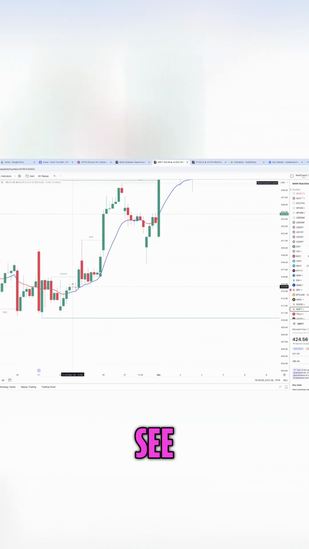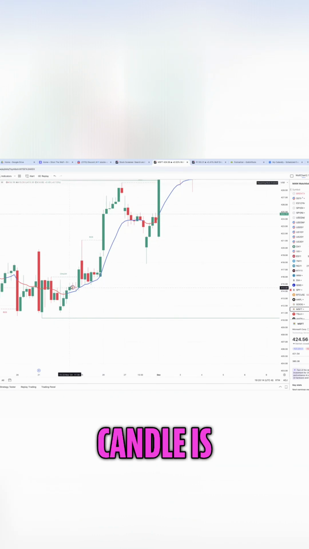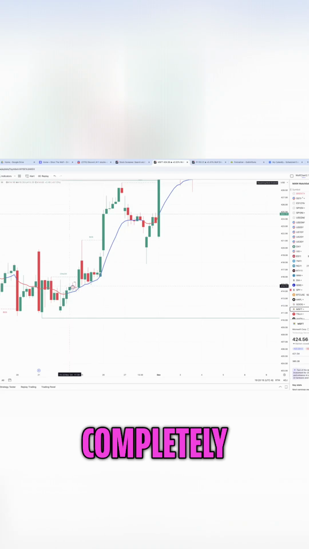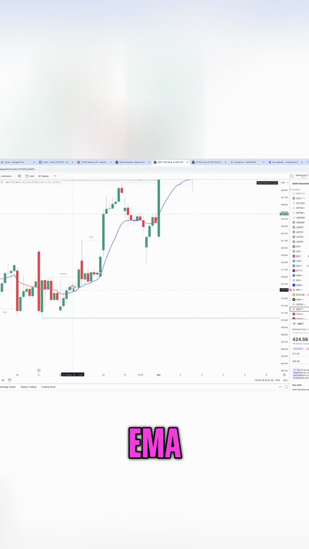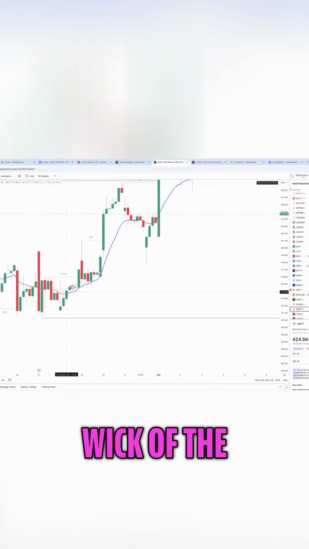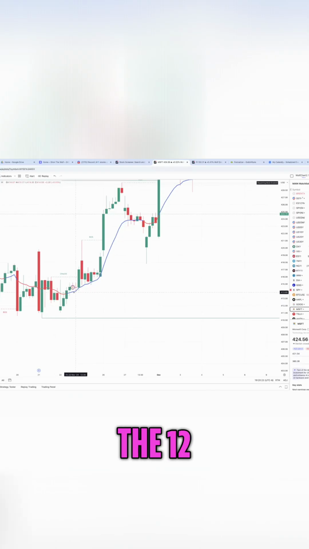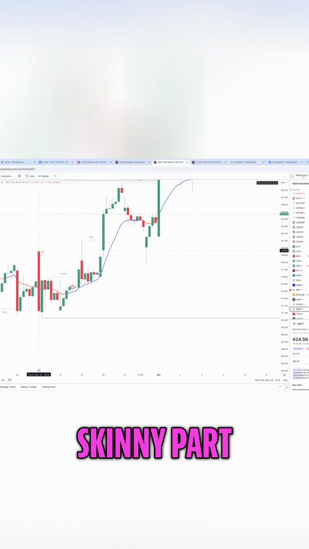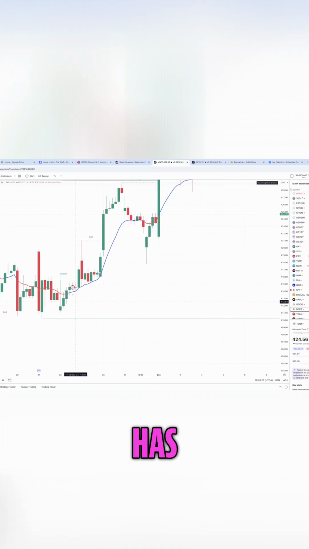But then you see this candle right here. This candle is the one that got back completely above the 12 EMA, with the body of the candle and the wick of the candle being above the 12. The thicker part is the body and the skinny part is the wick. This candle right here has basically no body.